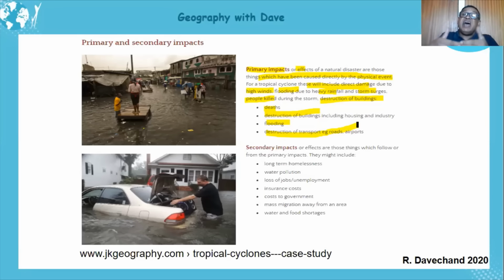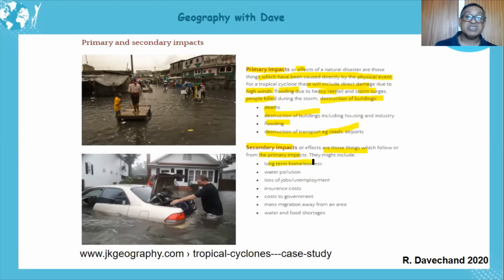Then we get the other thing that's coming, the secondary effects. And that's where your unemployment, etc., comes in. Okay, so we talk about the secondary effects. These effects follow from the primary impact. So even after the cyclone, we have situations. Long-term homelessness, water pollution.